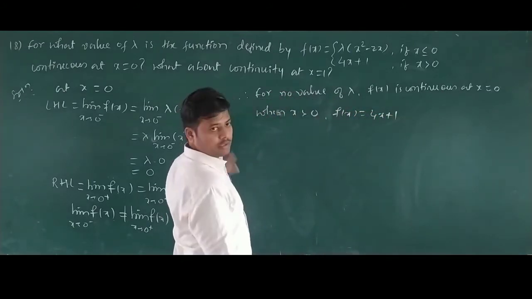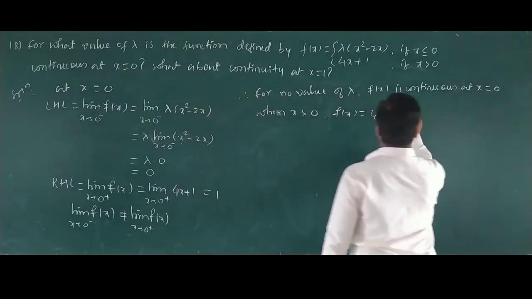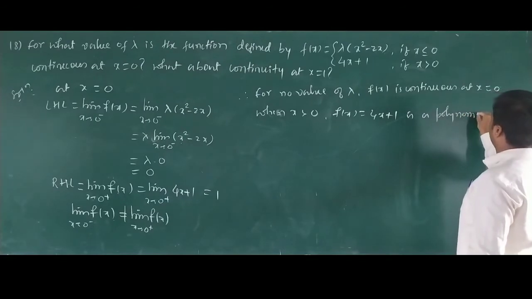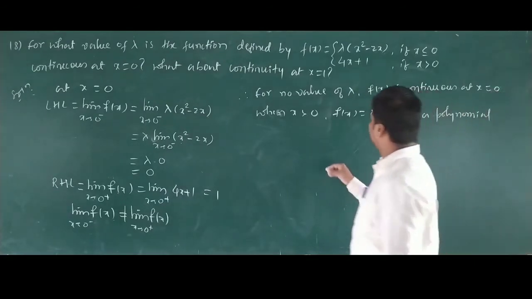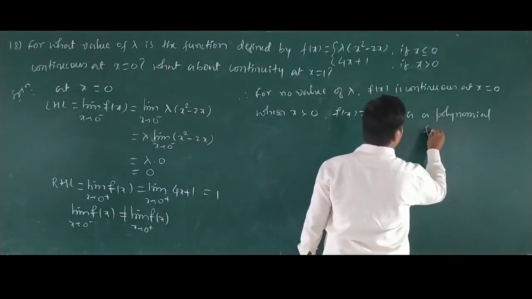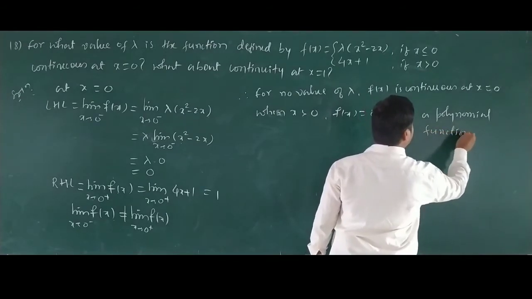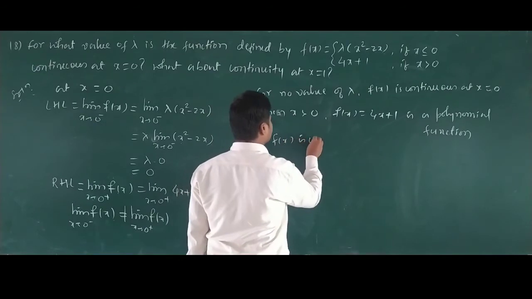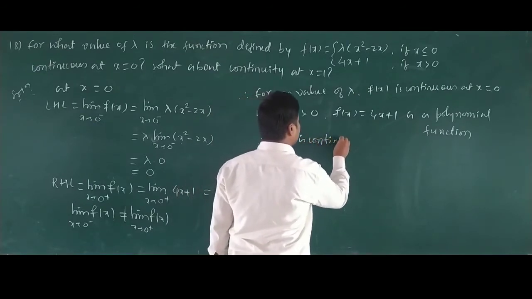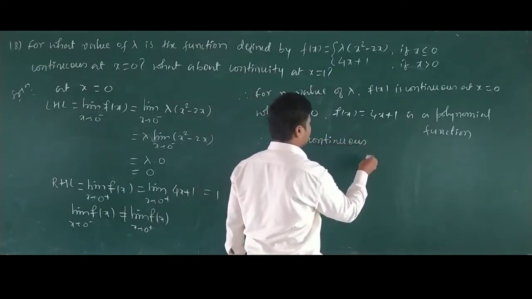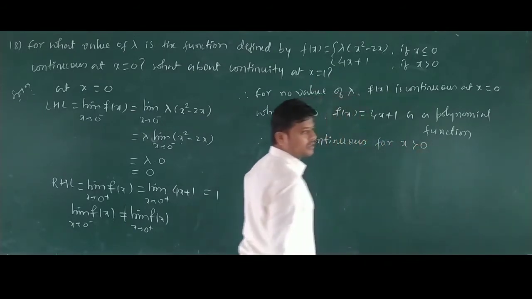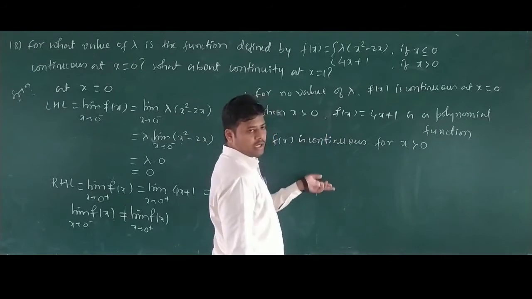This is continuous, as it is a polynomial function. Therefore, f of x is continuous for x greater than 0. So for x greater than 0, the function is continuous.